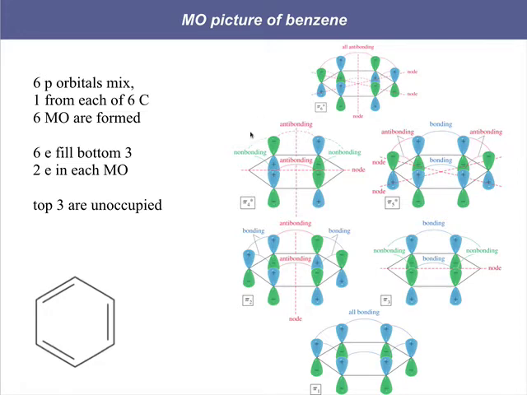Now, we still have one electron being contributed into this picture from each carbon. Each carbon is contributing a p orbital, and each p orbital comes with 1 electron. So if we have 6 orbitals and 6 electrons to fill into those 6 orbitals, where are the electrons going to go?